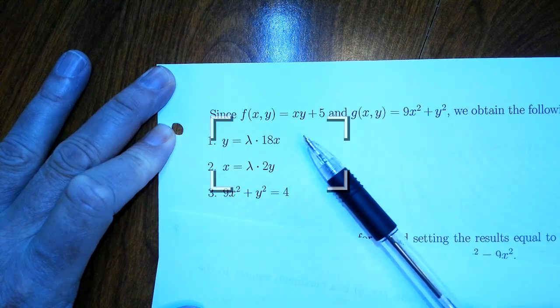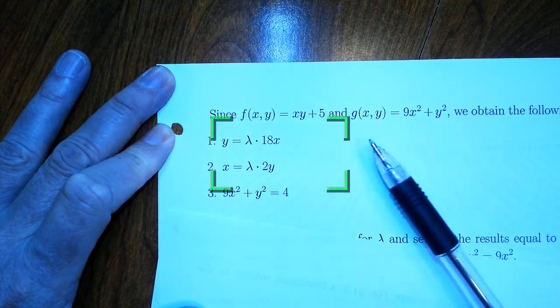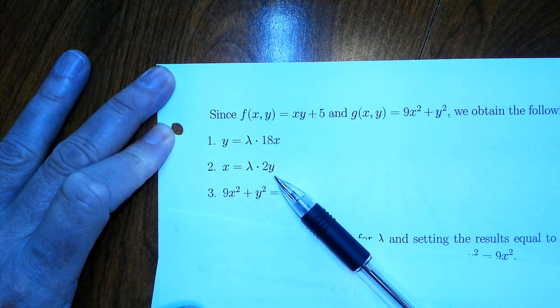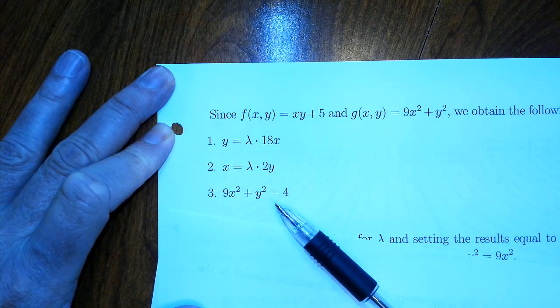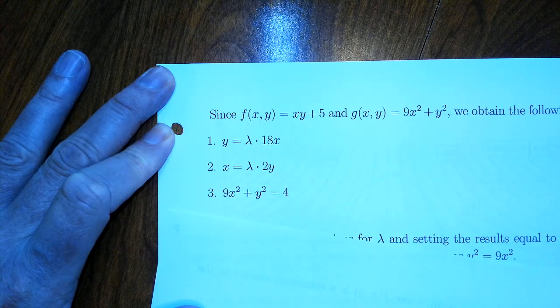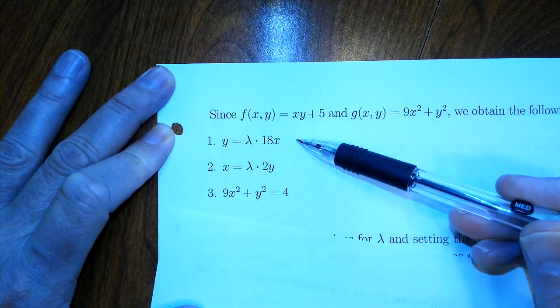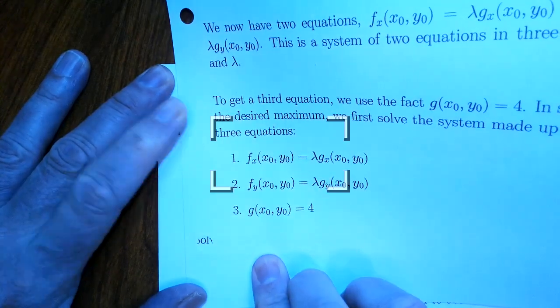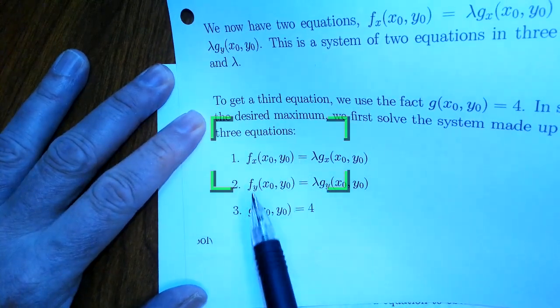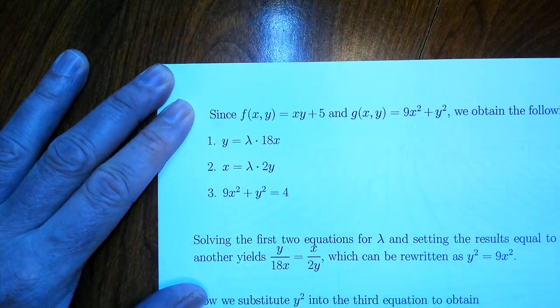That has to equal lambda times the partial of g with respect to y, lambda times 2y. And then our third equation is that g of x, y has to be 4. 9x squared plus y squared equals 4. So again, these three equations right here are just coming from these three equations that we talked about a moment ago.